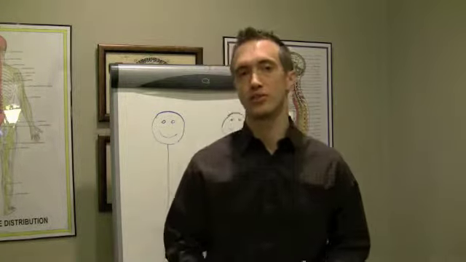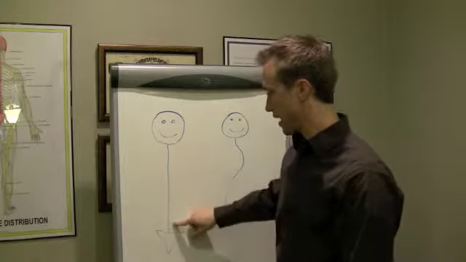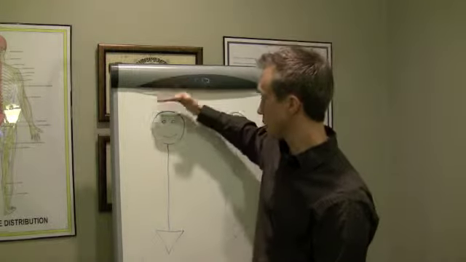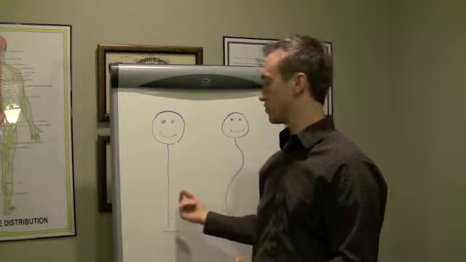When we think of gravity compressing down on us, it's compressing the weight of our body down on our spine, all the joints in our spine, on our hips. There's a load on our hips, there's a load on our knees, there's a load on our ankles and our feet. So when you look at the spine, if your spine is aligned properly and gravity compresses down on that, there's even weight distribution from side to side.